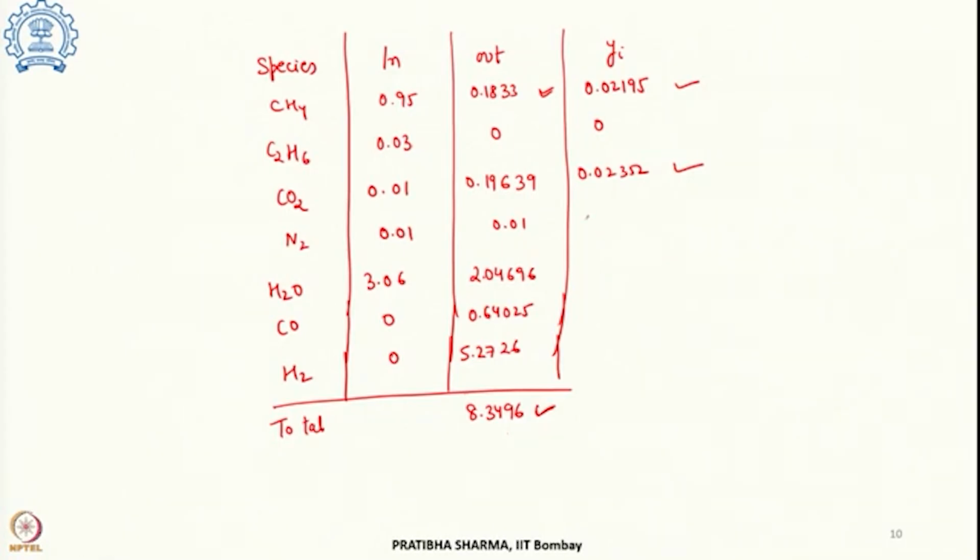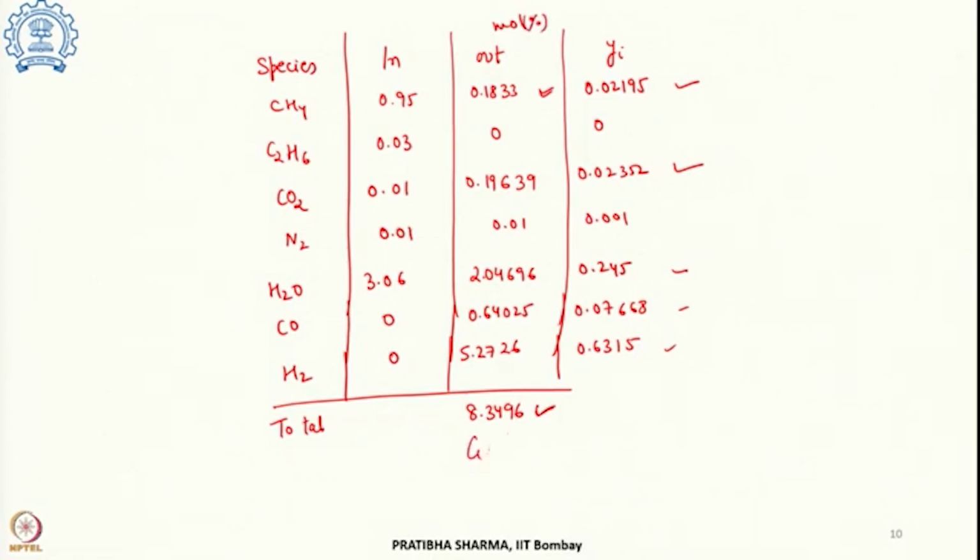For nitrogen, for water 0.245, for CO 0.07668 and hydrogen 0.6315.